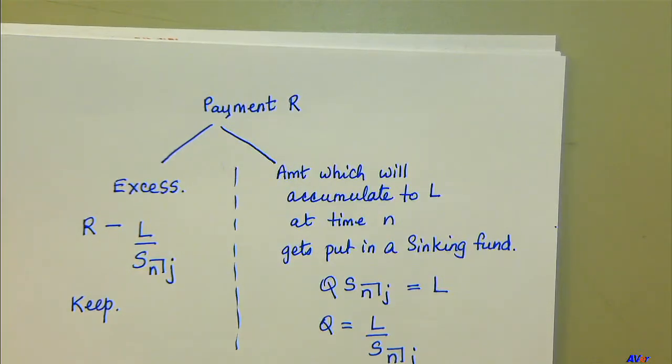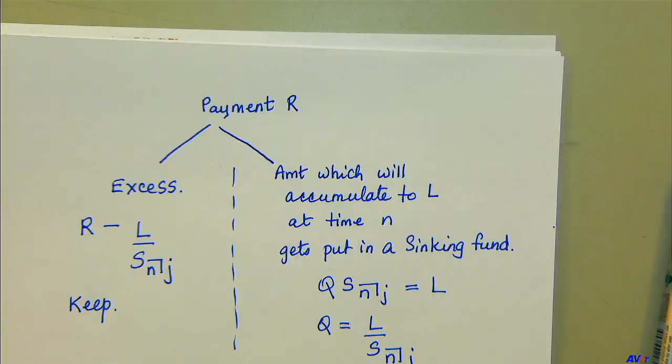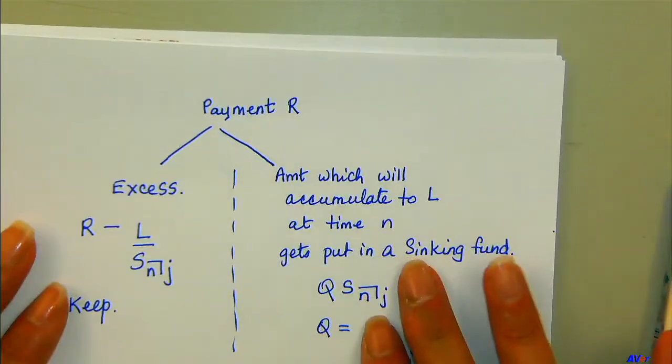Whereas in the sinking fund method, it was the person who was borrowing the amount that was putting a fixed amount into their own sinking fund and paying back the bank only the interest, which was i times L. Now it's not the person who borrowed who's putting it into a sinking fund. Now it is the institution that lent out the money and is receiving the payments back from the borrower, which is taking the payment and splitting the payment into two pieces.